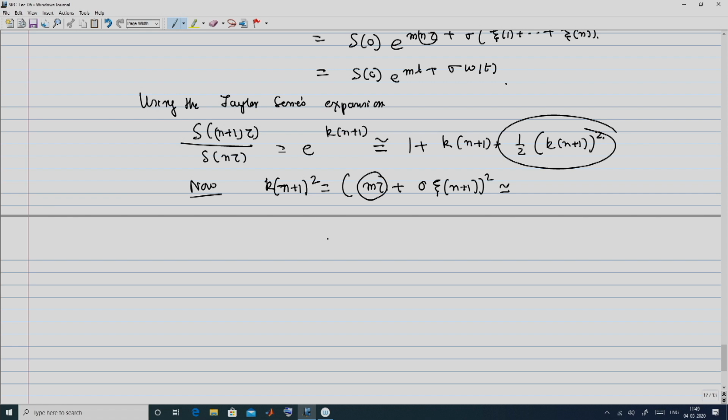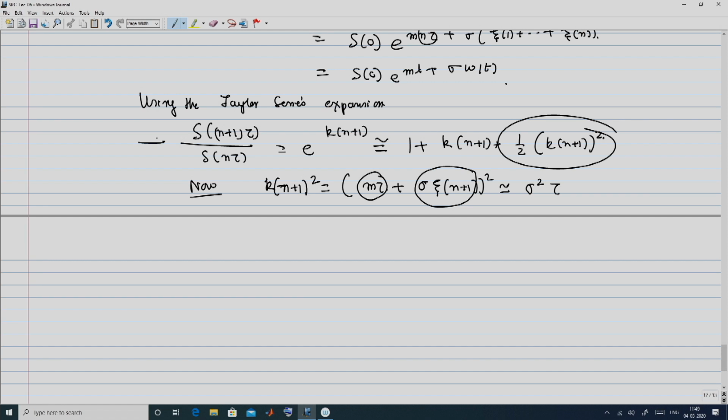So, that is order of tau square, and here you will have sigma square tau, because by definition xi n plus 1 is of the order of square root of tau. And the cross term, 2 m tau into sigma into square root of tau, will give tau raised to 3 by 2. So, I ignore the tau square term and the 3 by 2 power term and retain only the sigma square xi n square term, which is tau.